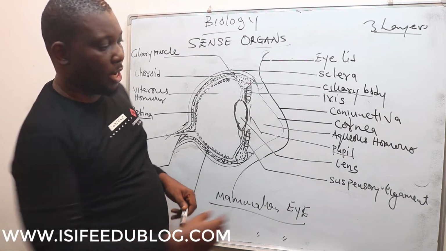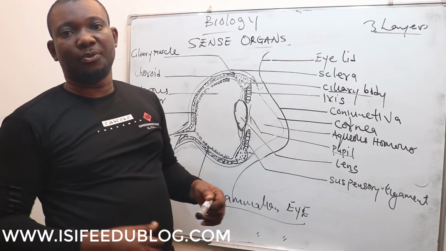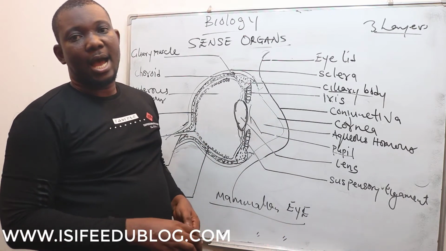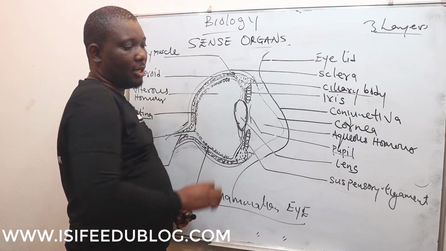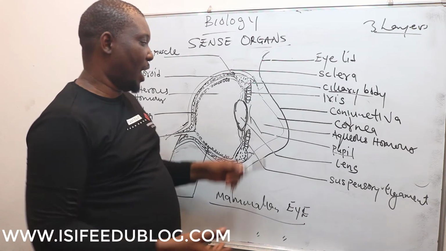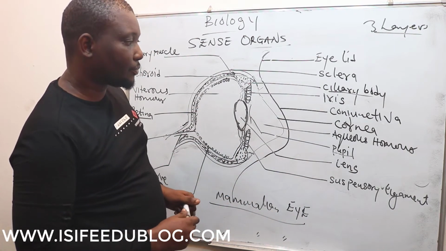It's through this pupil, or hole, that light rays enter the eye and are meant to be focused on the retina. So the pupil allows the passage of light into the eye.